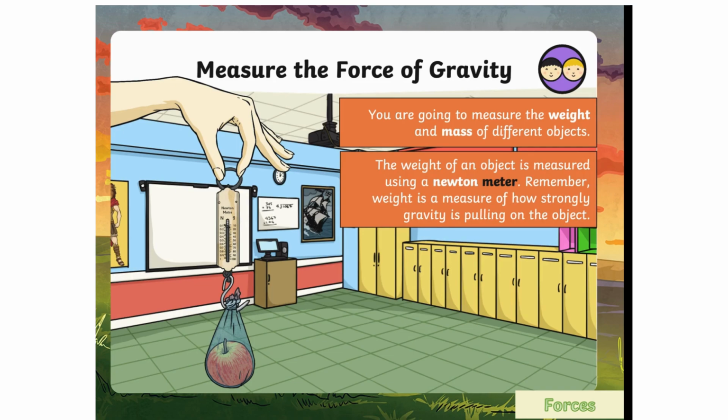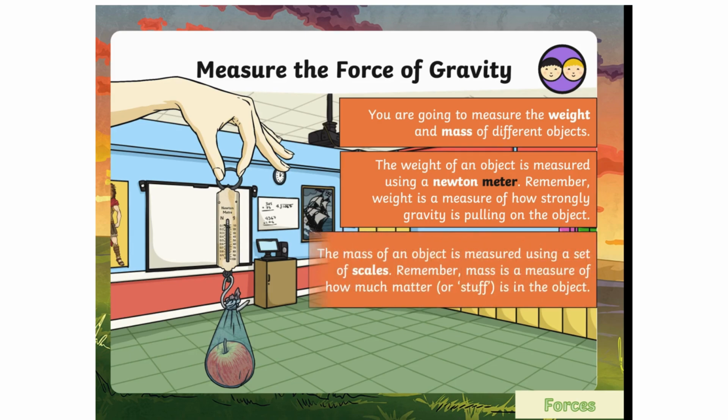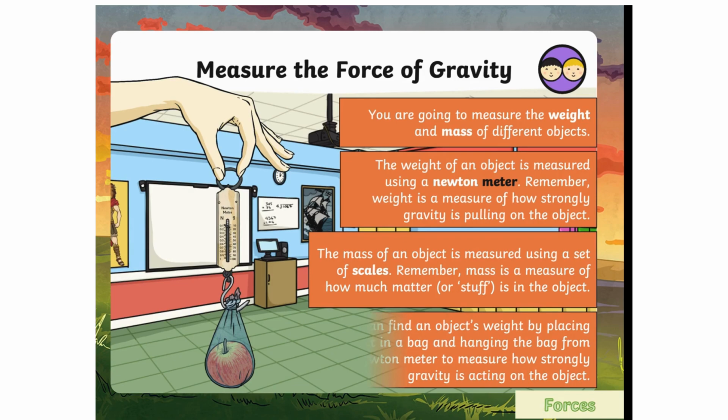It's okay if you don't have a Newton meter; you can generally use a weight machine. Remember, weight is a measure of how strongly gravity is pulling on the object. The mass of an object is measured using a set of scales. Remember, mass is a measure of how much matter or stuff is in the object.